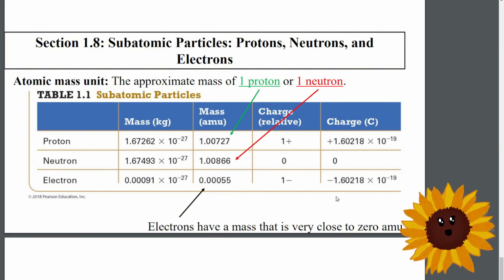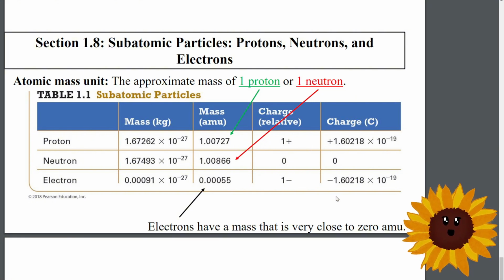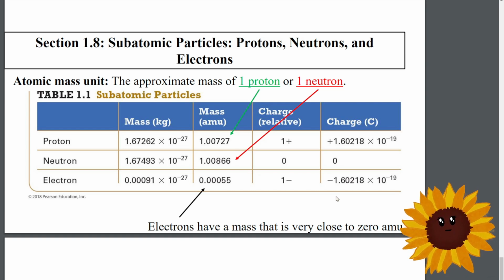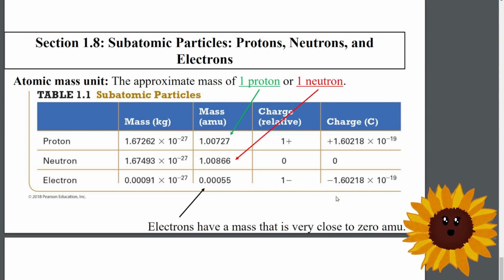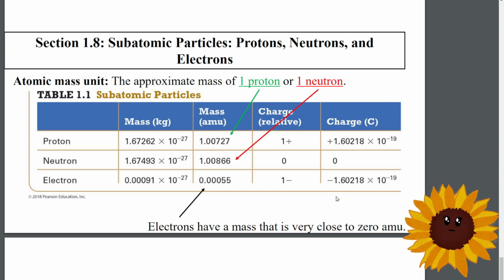If you're looking for how much an atom weighs, you're going to be looking at the protons and the neutrons. The protons and neutrons will give an atom its weight, and in turn, it will give it special properties. If you look on the periodic table in the bottom right, those are going to be the really big 100-something AMU kind of masses.